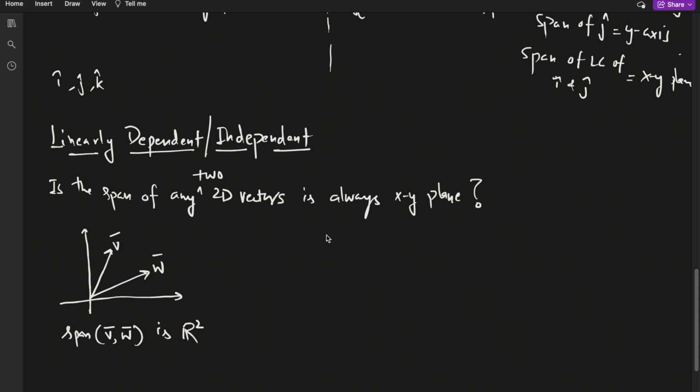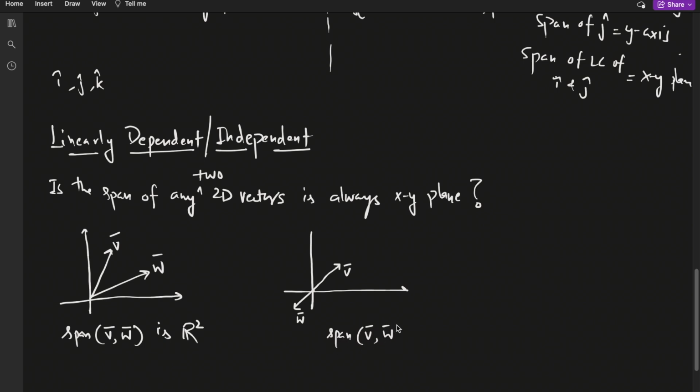Now let us suppose I have another scenario. Let us suppose I have one vector V here, and another vector W on the same line but opposite to it. Now what is the span of V and W?